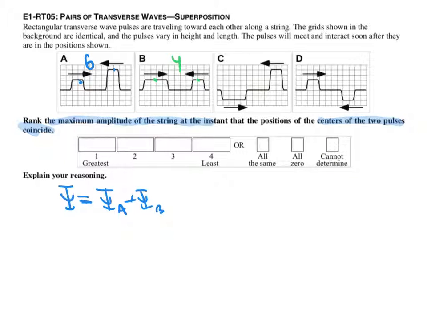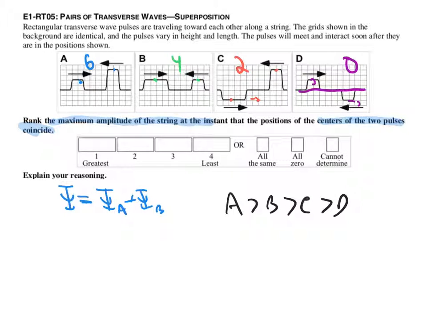This one will have 4 adding to a height of minus 2, which is a total of 2. And then maybe most bizarrely, when you have a height of 2 adding to a height of minus 2, at that moment there is no height. When the centers coincide, this will look like a flat line. So we can see that A is more than B is more than C is more than D.